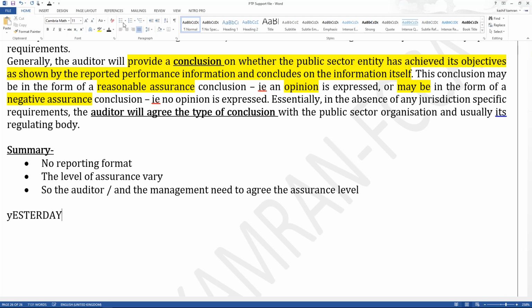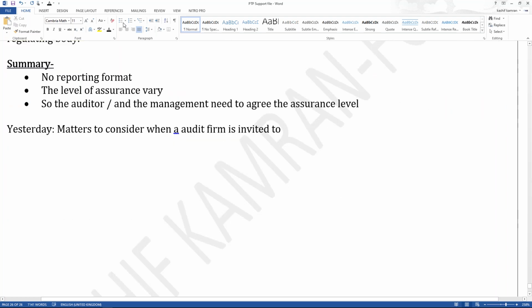Yesterday in the webinar, if you watched that live, we came across a topic which is matters to consider when the audit firm is invited to perform an audit of performance information. For example, a question like this comes in the exam paper, right? Now, you know the answer to this. We discussed that yesterday.